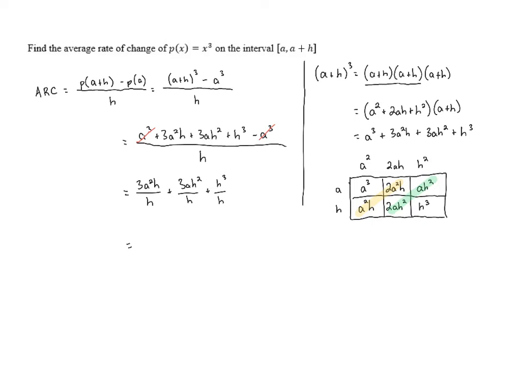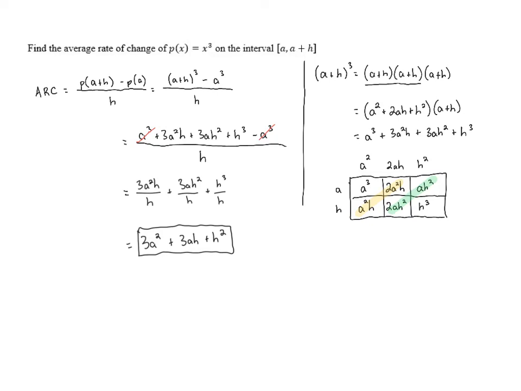And when we divide all 3 of those terms by h, we get 3a squared plus 3ah plus h squared. And that is our average rate of change.